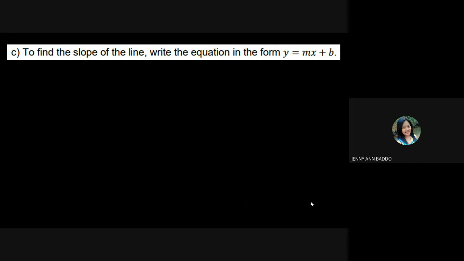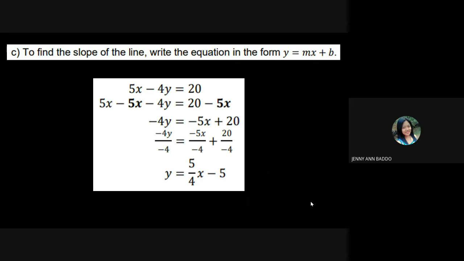And last, we have the slope. To find the slope, since it's in the standard form, we're going to rewrite the given equation in the form y equals mx plus b. From 5x minus 4y equals 20, we will use the addition property of equality.